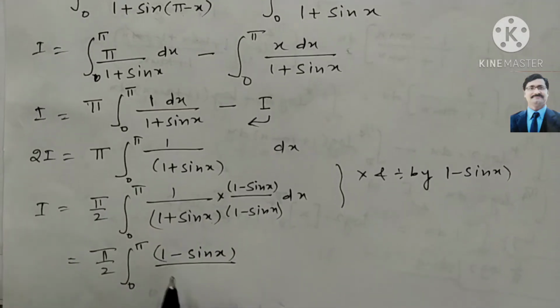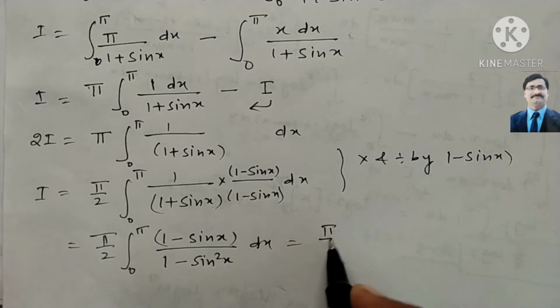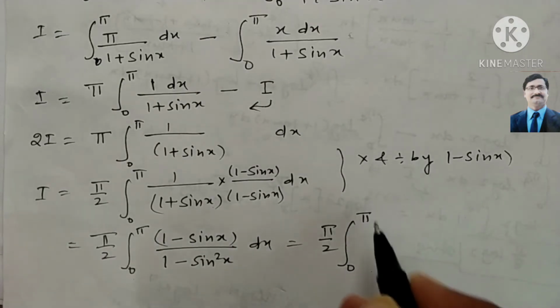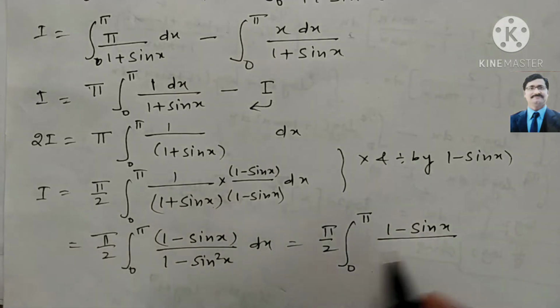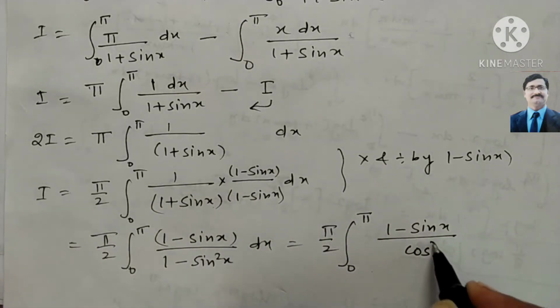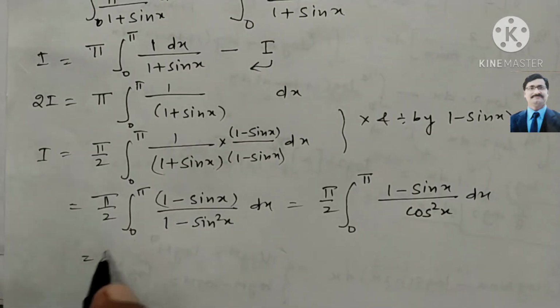We can write 1 minus sin square x in the denominator, which is cos square x. So this is 0 to pi of 1 minus sin x upon cos square x, and we can separate it.